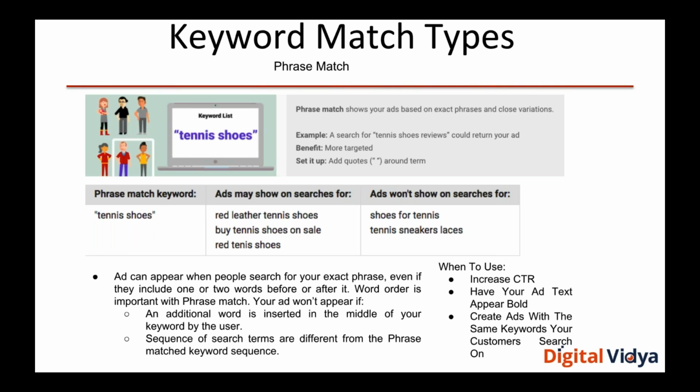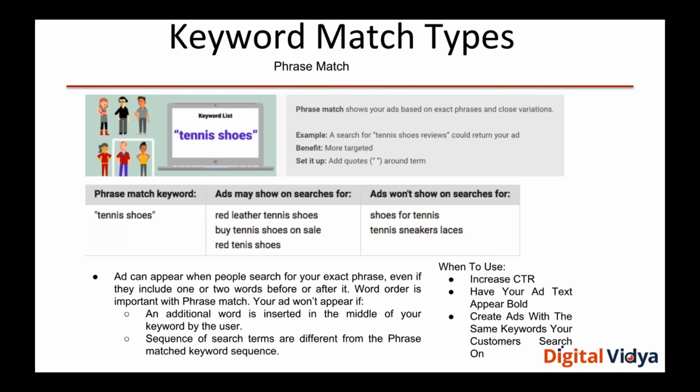Is the phrase match keyword clear, guys? The sequencing or ordering of the words is of utmost importance over here. Now, when will you use this match type? You can use this to increase the relevance of your ad to the search query, because definitely your ad will be having the phrase which the person is searching for, because only then it can trigger, right?